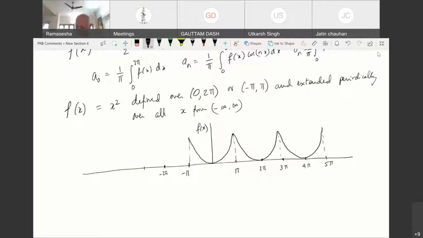So you see that the function is periodically extended over the entire range. Now I want to find out the coefficients. So how do I find out? Let me see.